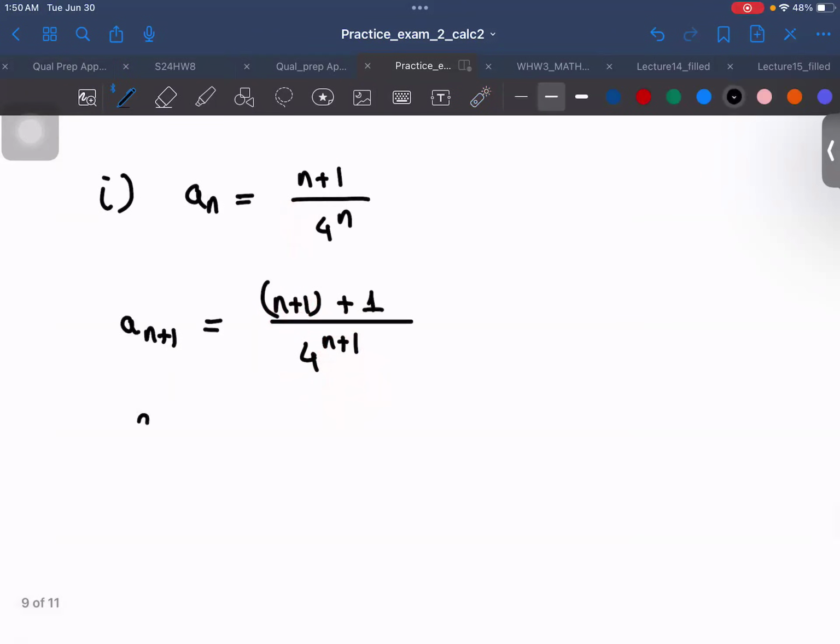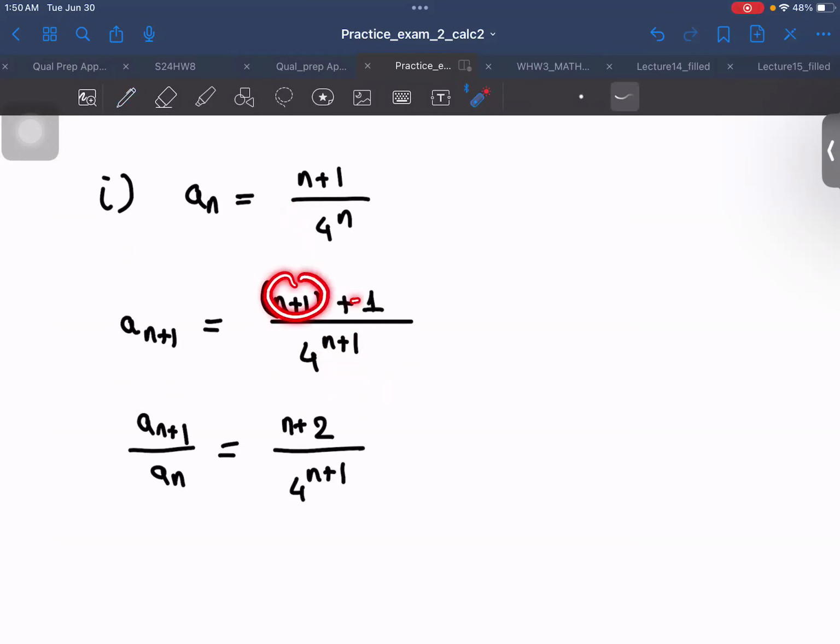Now I consider the ratio between these two elements. I have (n plus 2) divided by 4 to the n plus 1, over (n plus 1) over 4 to the n.